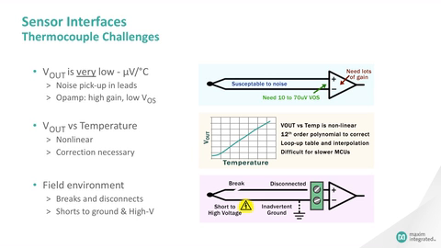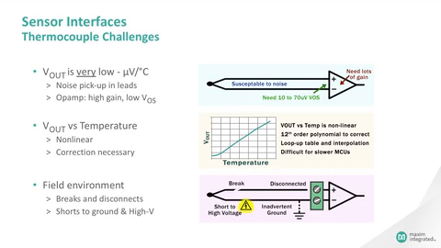The output signal from a thermocouple is a voltage, as opposed to the resistance output we saw with RTDs. And that output voltage is very low, on the order of microvolts per degree centigrade. Since the output voltage is so low, the thermocouple voltage is generally amplified before it is measured by an ADC. And again, since the voltage is so low, that amplifier must have a very low offset voltage.